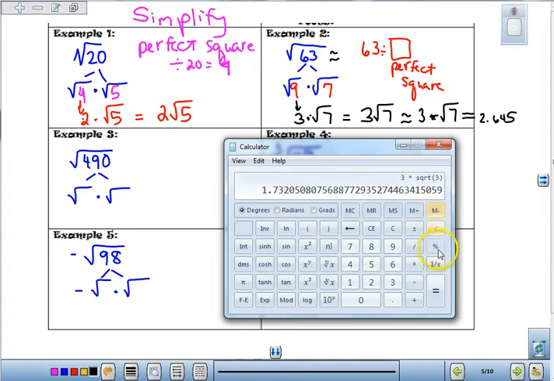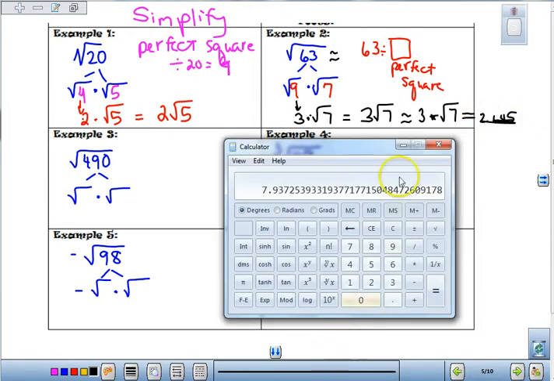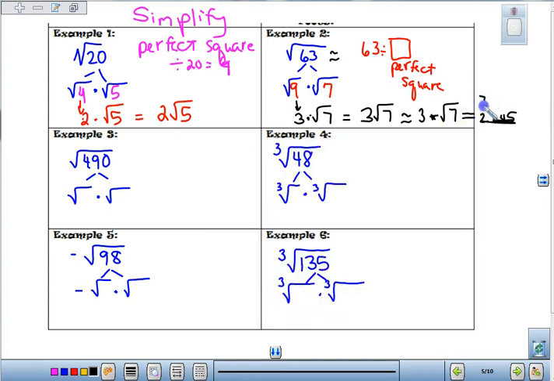Nope, that didn't do it. Here's what we'll do. We'll do the square root of 7 first, so we'll put 7 square root, and now we're going to take that times 3. And we get the same exact answer, that's 7.937. So at this point, we can see that these were exactly the same.